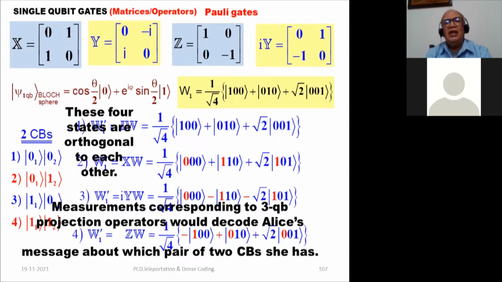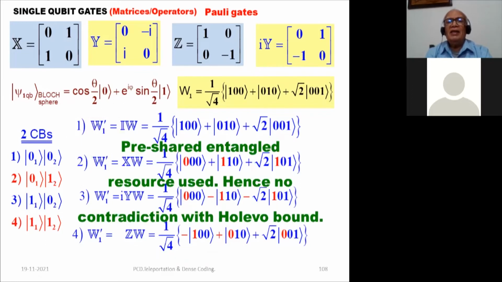So I will not get into the details, but give you the essential idea that this dense coding can be achieved also using a 3-qubit entangled state. So there is some pre-shared entangled resource which is used. We have not violated the Holevo bound, but within those limits, we have achieved dense coding.